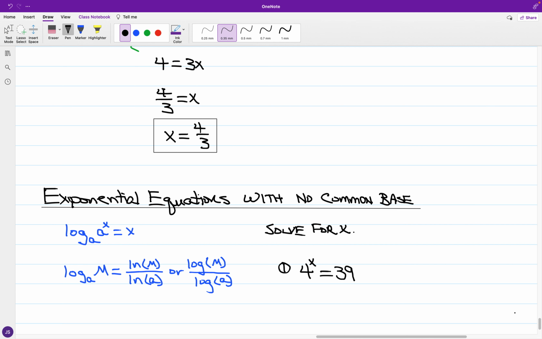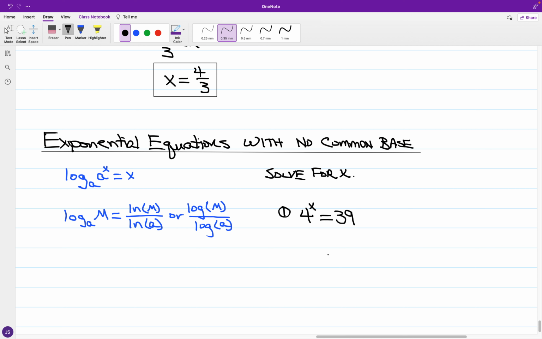Now 39 lies between 16 and 64. So the degree x will be something that is greater than 2 but less than 3.